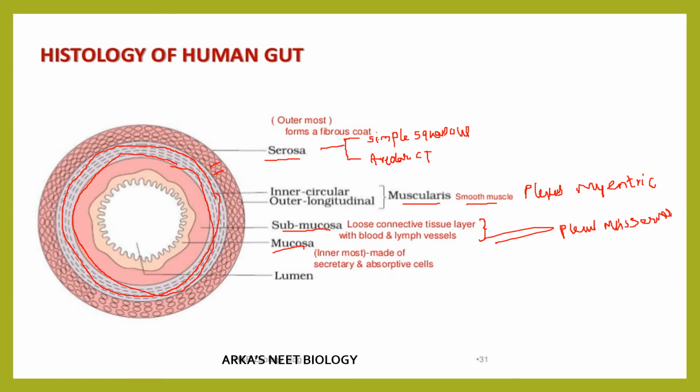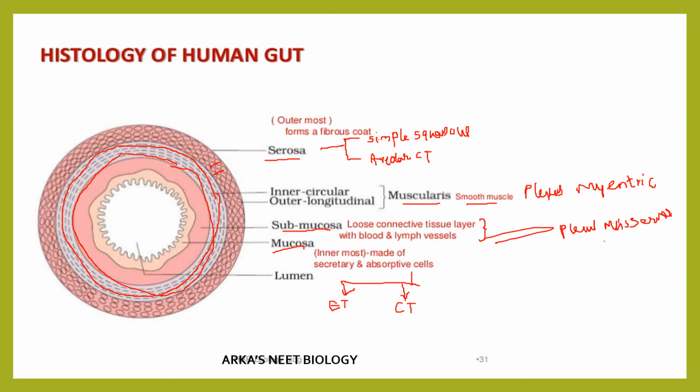And the next is the innermost layer, the mucosa, and here it is made up of secretory cells as well as absorptive cells. The mucosa again consists of three regions: the innermost region facing the lumen is the epithelium, and the next region is the connective tissue, also called lamina propria.